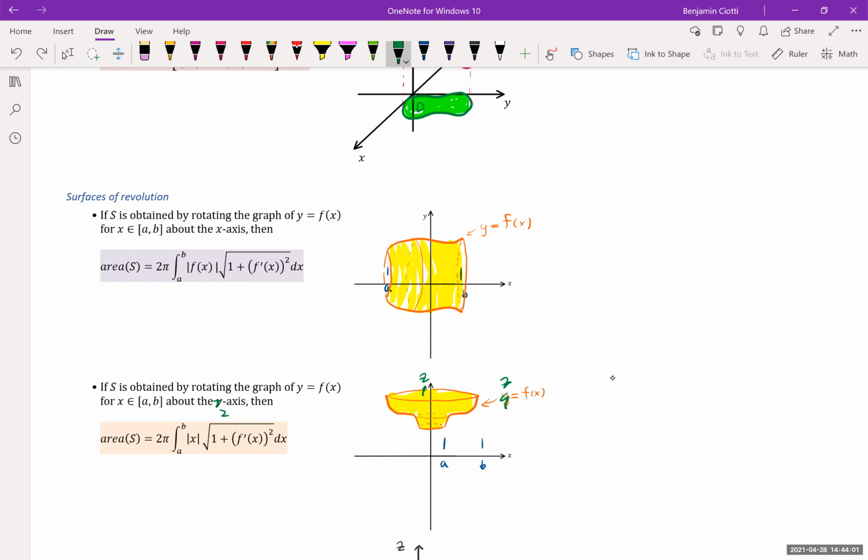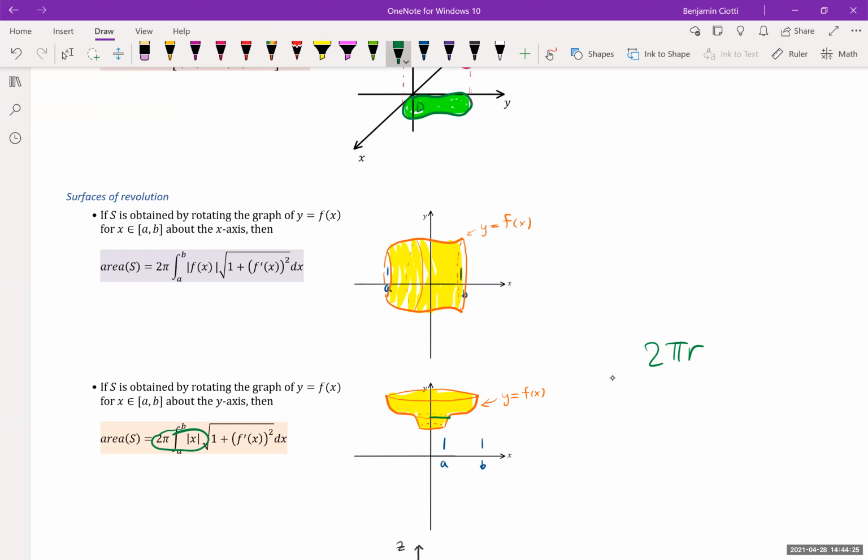One of the ways that you can remember which formula to use is they should have a 2 pi r term. This comes from the shells formula, which you may have learned in calculus. Volumes by shells has a 2 pi r term.